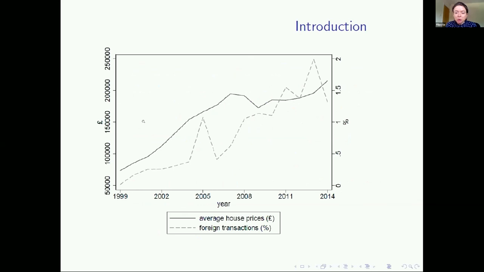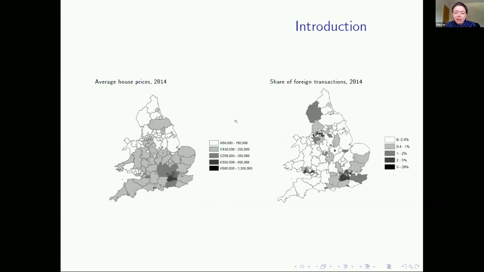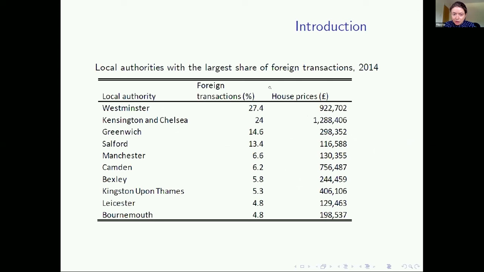So I've already showed you this correlation in the data, and these maps just show you the regional variation. As you can see, there is significant regional variation, both on house prices and foreign transactions. I'll show you also a table here. You can see that most of foreign investment is actually located in London.